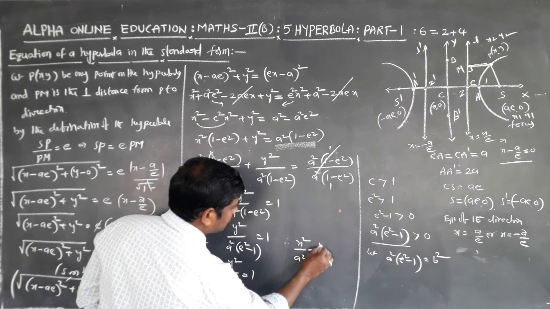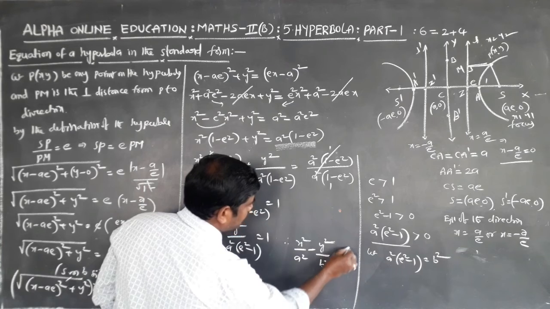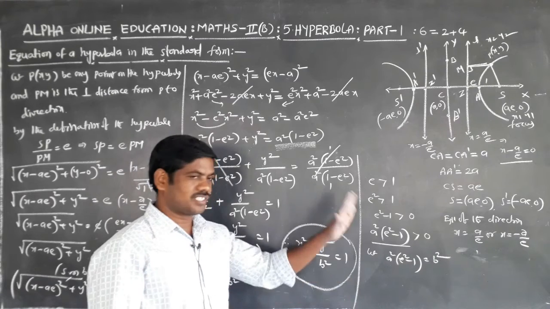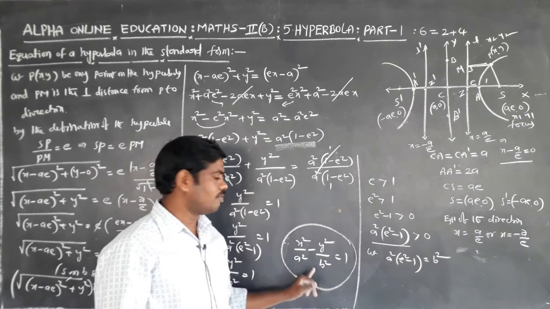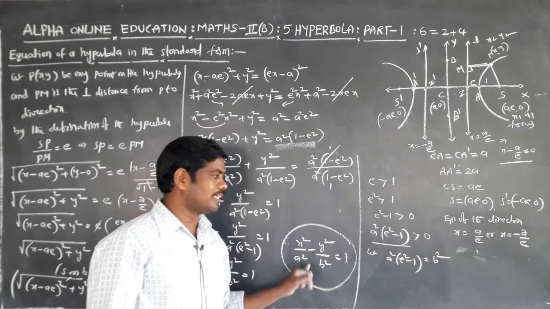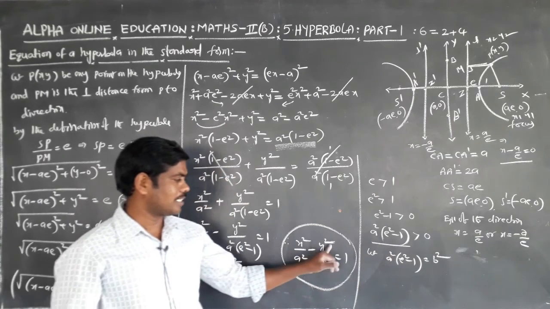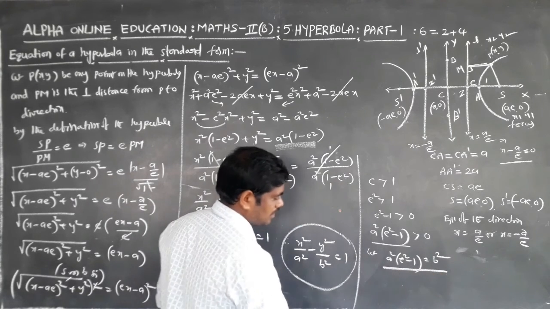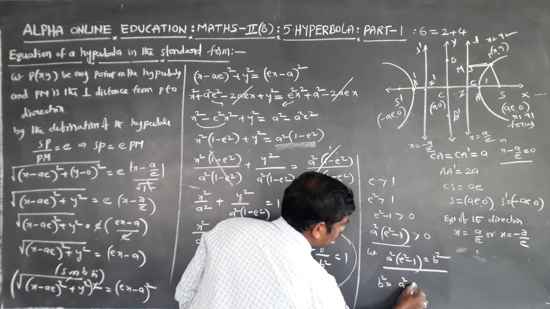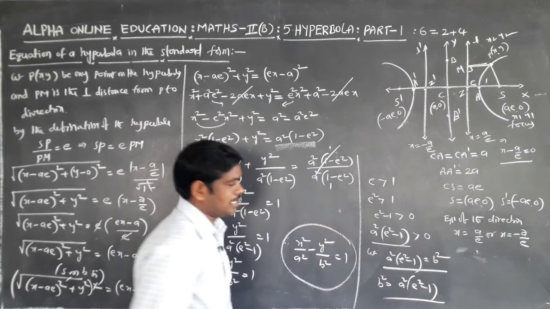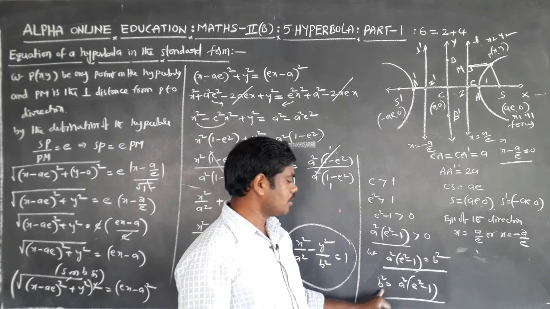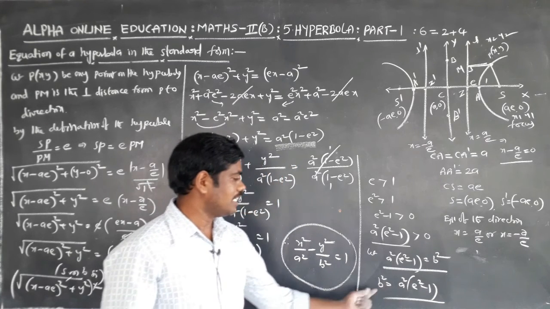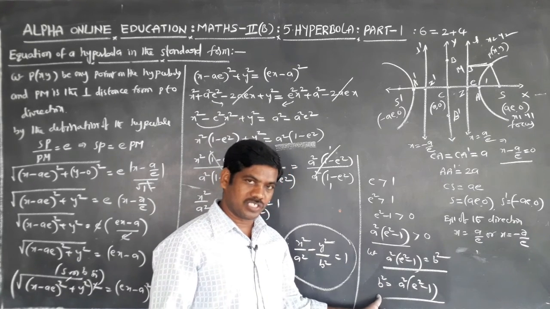Therefore, x square by a square minus y square by b square equal to 1 is the equation of the hyperbola in standard form. Here is the most important condition: b square equals a square into (e square minus 1), this is the formula, where a square into (e square minus 1) is taken as the constant b square.